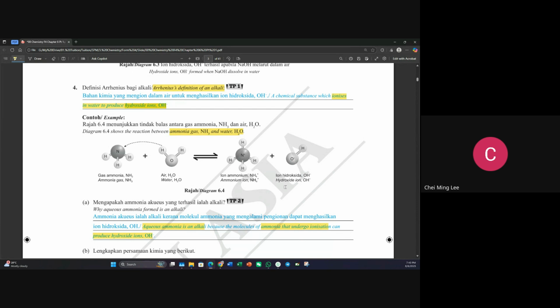Acid is corrosive, and ammonia also has corrosive properties because of this.